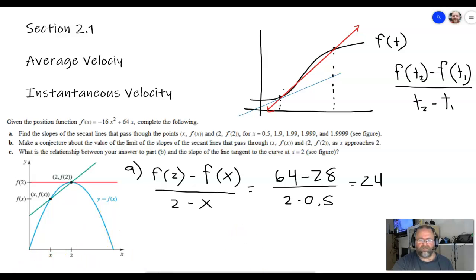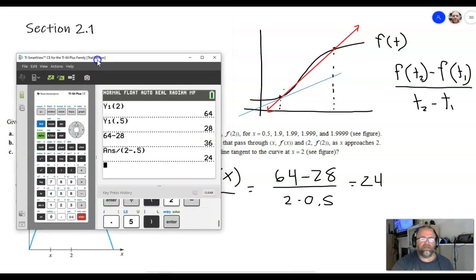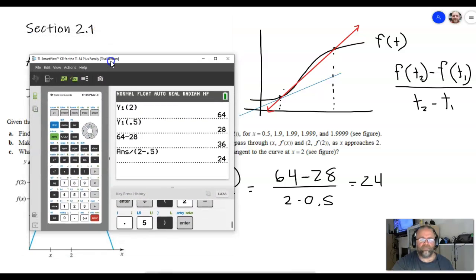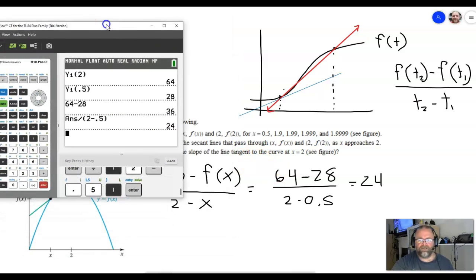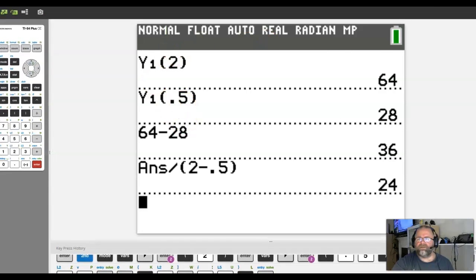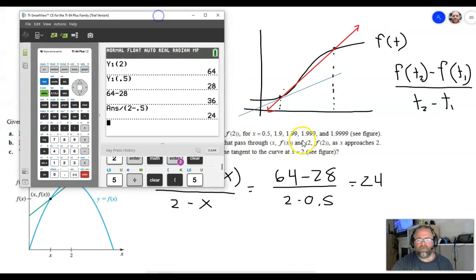All right, so now what I'm going to do is set up this equation. Since f of 2 stays the same, I'm just going to put in 64. It's just our x value that's going to be changing here and here. So how do we set that up?